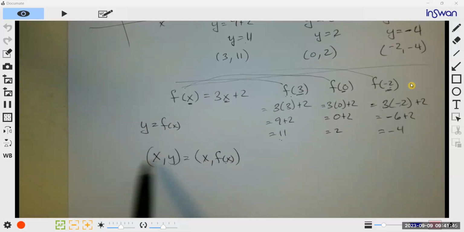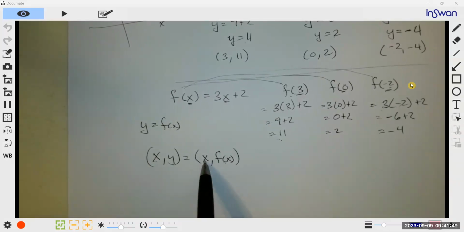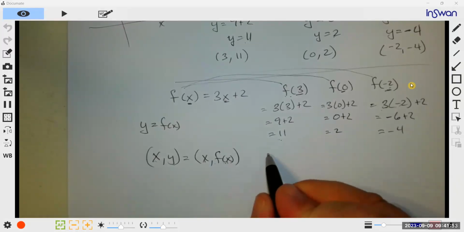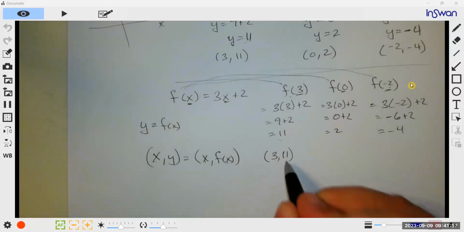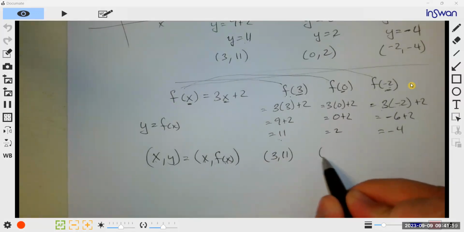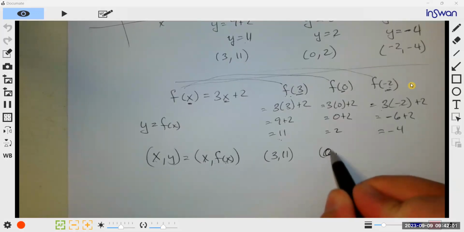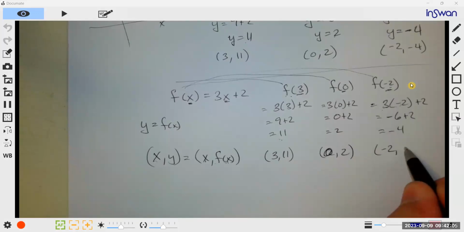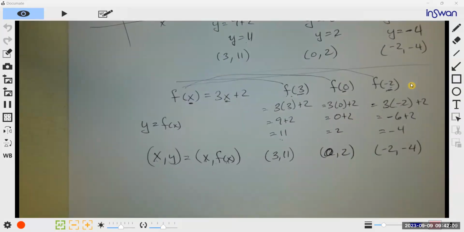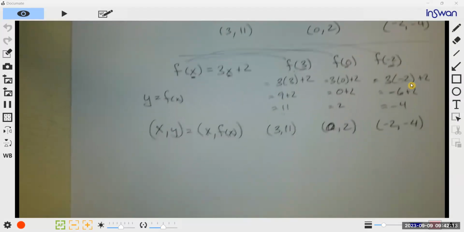Here, x and y doesn't seem to have any relationship. So this one says, whenever I use an x, I put it in the equation and I get this value. Here's my x is 3, my y is 11. X is 0, y is 2. X is negative 2, y is negative 4. That's what it tells us. And we graph it the same way.